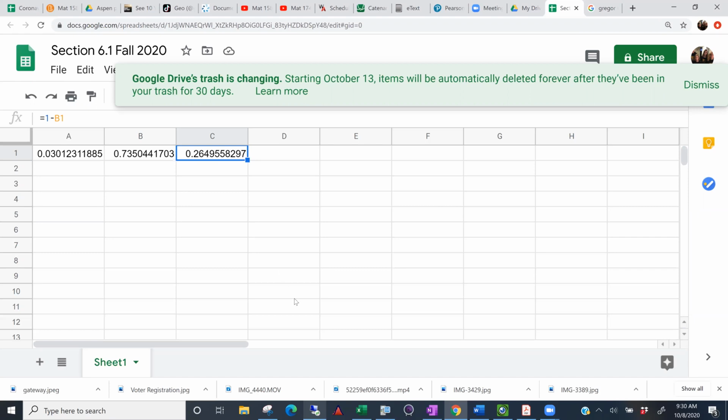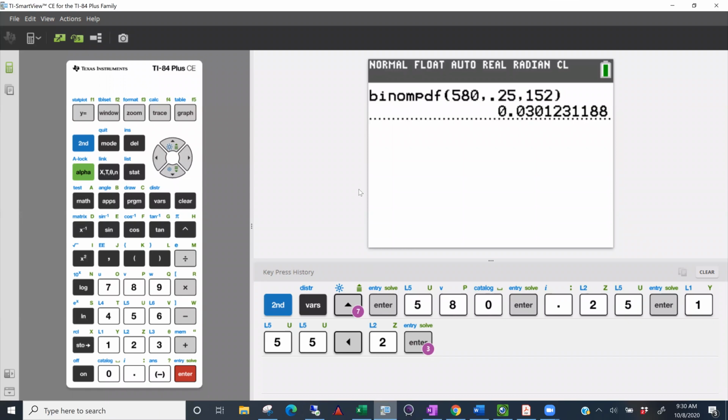Likewise, you can do that on a graphing calculator. So the command that you would want to use on a graphing calculator is not the binomial PDF, it's the binomial CDF. And I hope that I'm not overwhelming you with terms and technology, but you just can't really do this by hand in any efficient way.